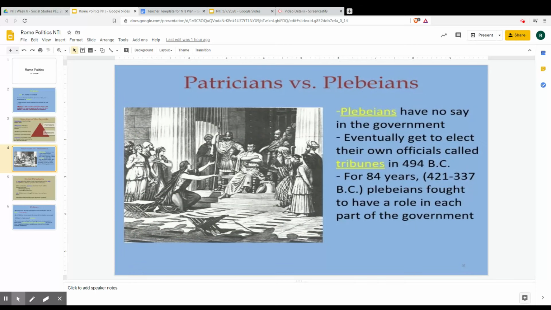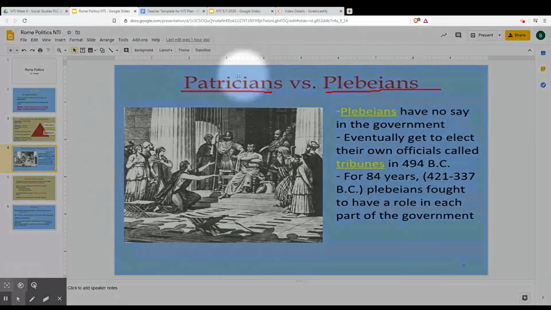So you end up getting issues between the patricians and the plebeians, which other societies have. So you could look at this as issues between the rich versus the poor, which we have arguments in our country about all the time. You have people complaining that the rich are getting richer and the poor are getting poorer.